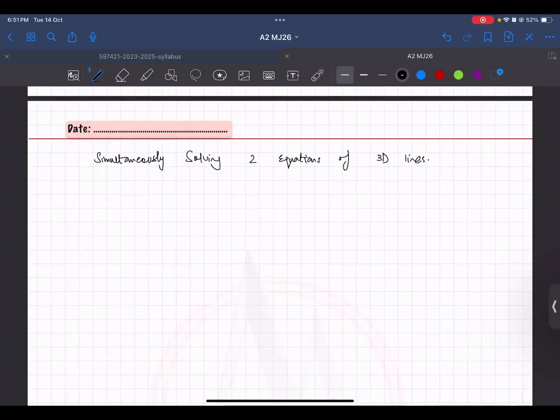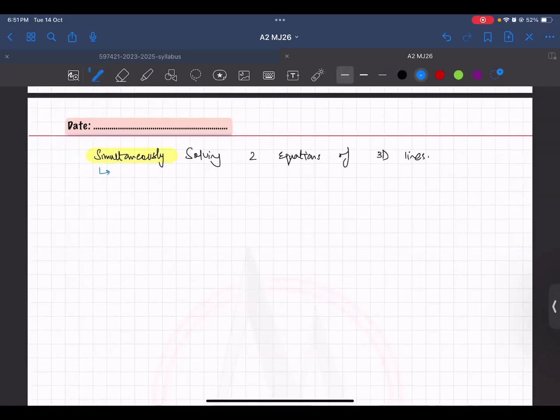We know whenever we solve simultaneously, what do we get? The point of intersection. Whenever we solve two equations simultaneously, we are working for the point of intersection.